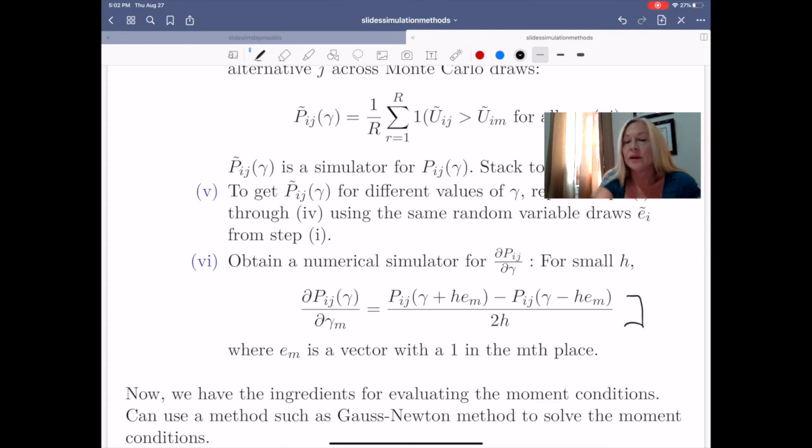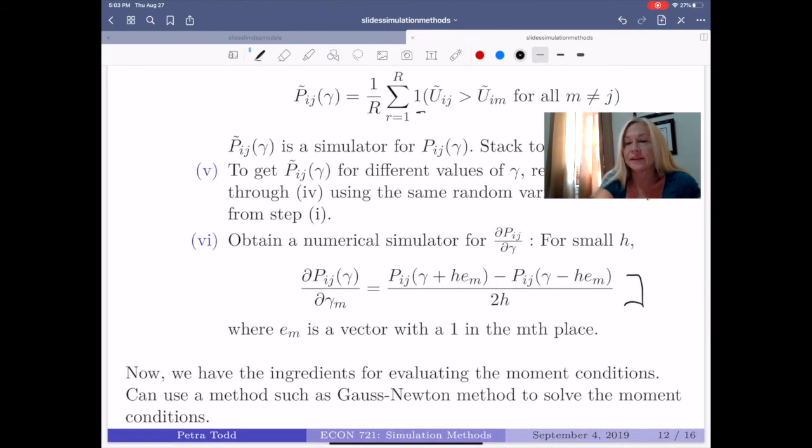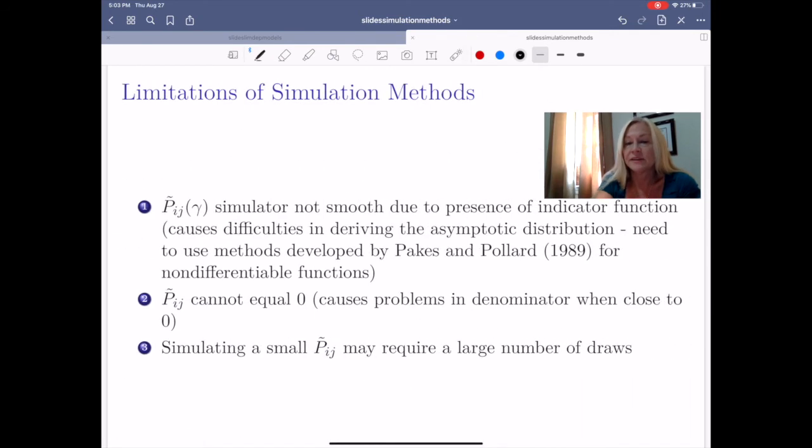Okay, now you can do one other thing to improve the performance of this estimator. Because one of the complications is this indicator function is not differentiable. It's not smooth due to the presence of the indicator function, and this causes difficulties in deriving the asymptotic distribution.